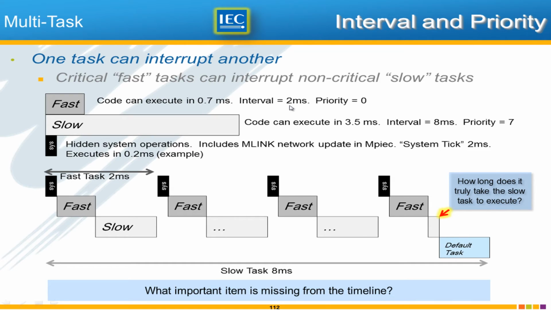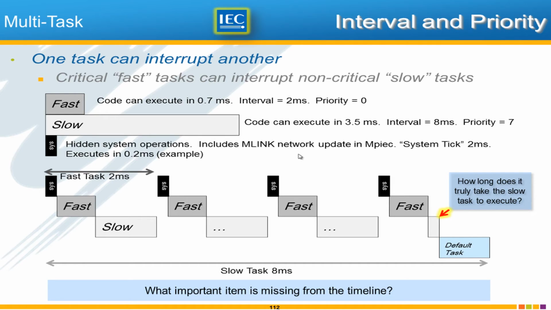And slightly different than what we have here, let's say we have 2 milliseconds, and we set the priority to 0. And let's say that the slow task can execute code in 3.5 milliseconds, and that we've set the interval to 8 with priority 7. So similar to what we have, but a bit faster. And then the system tick, the system task is hidden in the system operations, and for a MPIEC controller, it would be the Mechatrolink network update.